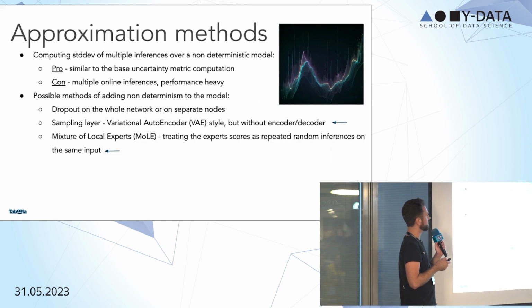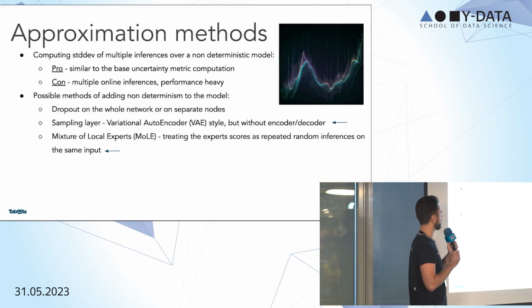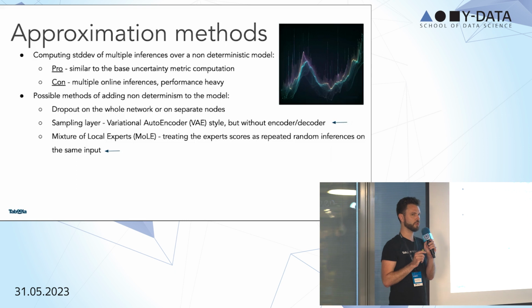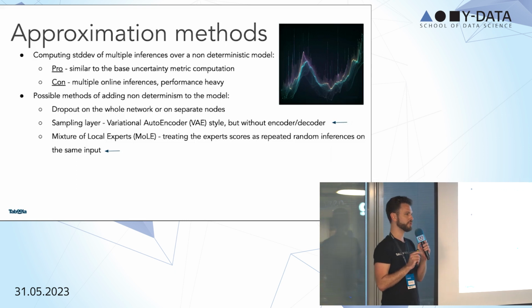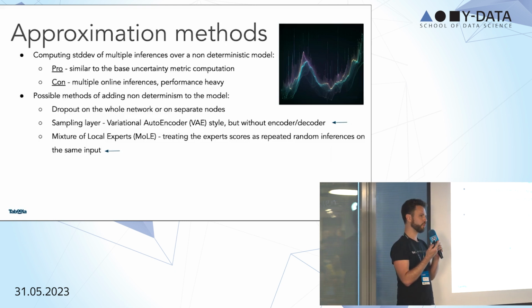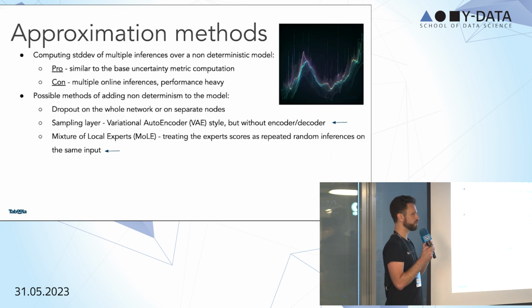So the first, well, actually the only method that we'll talk about is computing the standard deviation of multiple inferences over a model which contains some kind of a non-deterministic component. What this means is that we've reduced our training time to training only one model instead of training multiple models, so we're saving on training time.